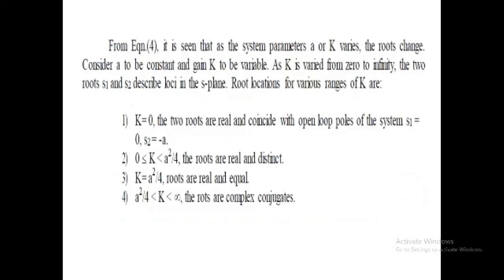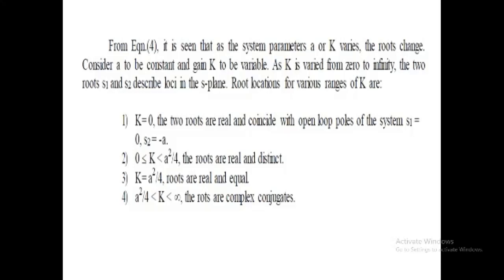Next, determine the asymptotes of the root loci. The root loci for very large values of s must be asymptotic to straight lines whose angles are given by the asymptote angle phi a equals plus or minus 180 degrees times (2q plus 1) upon n minus m, where q equals 0, 1, 2 and so on up to n minus m minus 1.